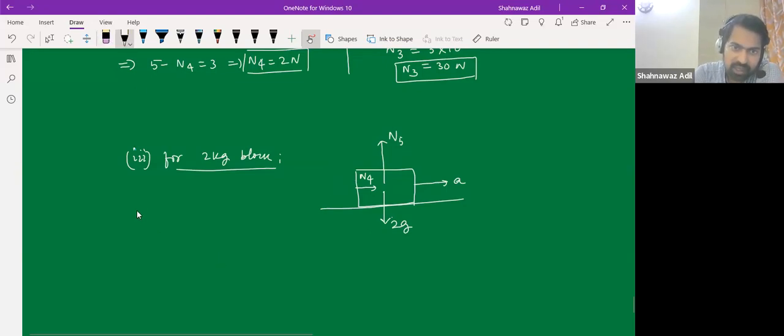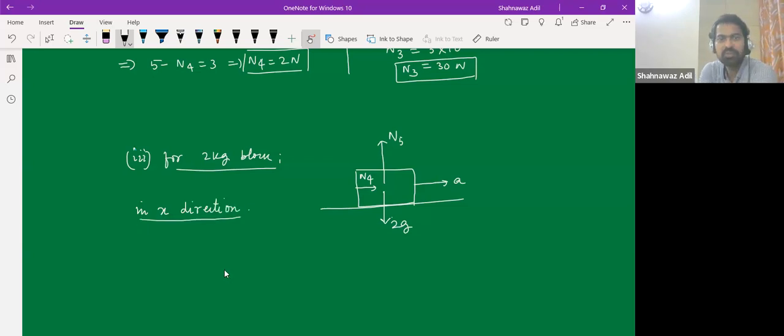If I ask you that in X direction, we have to apply the second law of motion. So F net is m a x. What would be on the right hand side? 2 into A1. On the left hand side, what are the forces that are there?